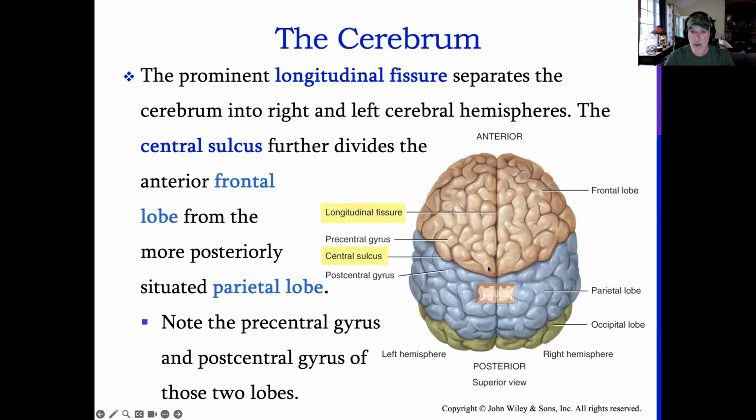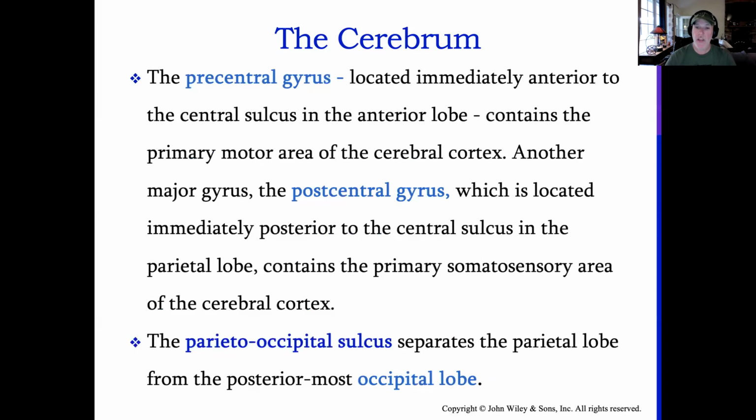The precentral gyrus in front of the central sulcus is going to be the primary place that we have somatomotor function, right? So the motor control that we have over our skeletal muscles is going to originate from the precentral gyrus.